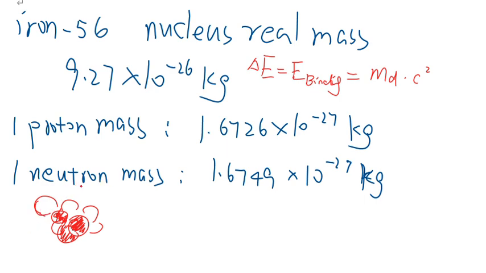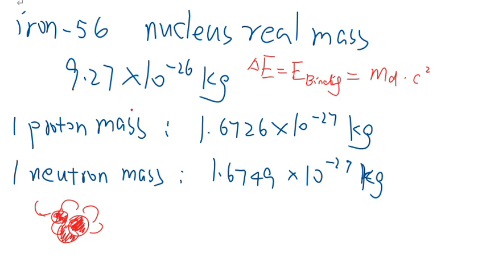Now we just ignore the electrons. We look at the nucleons. One neutron is called a nucleon. Remember that? Nucleon. And one proton is also called a nucleon. And this whole thing is called a nucleus. All right, so we are given the number here, the real mass of iron.